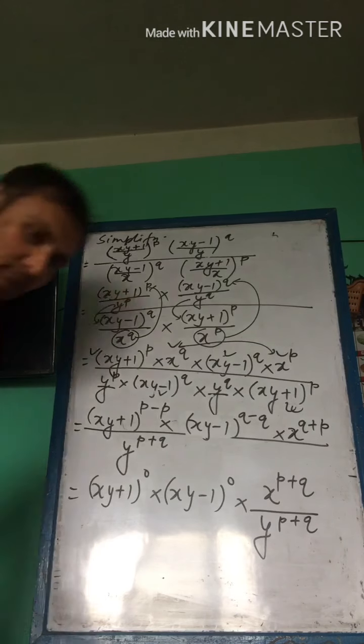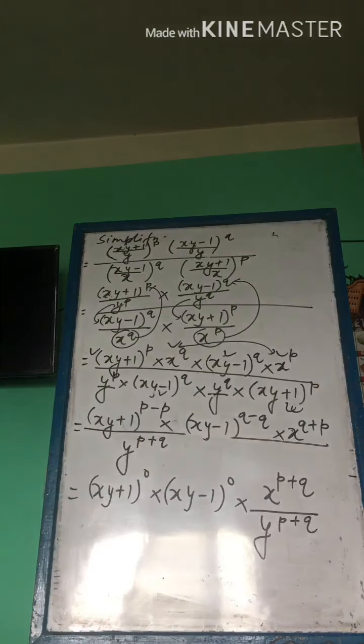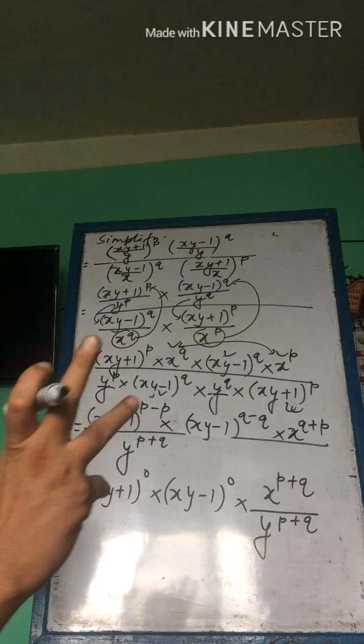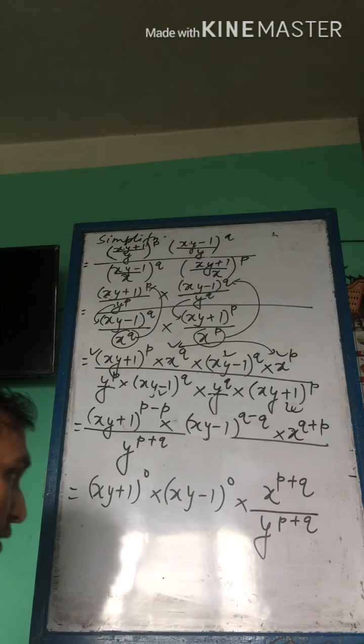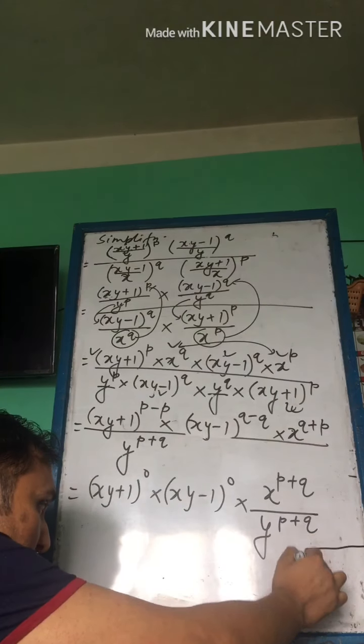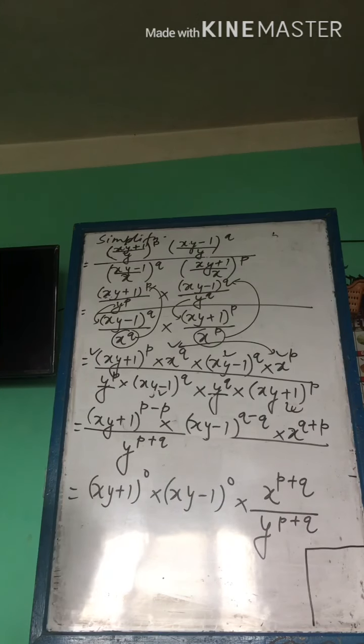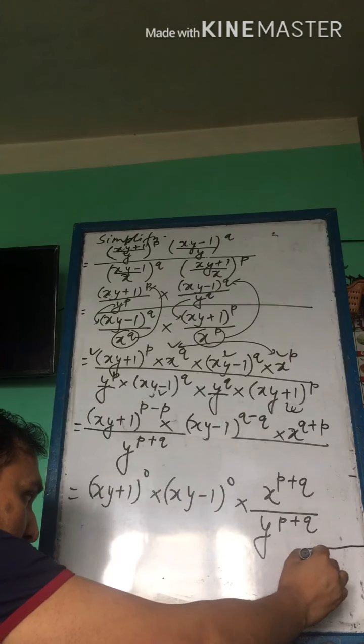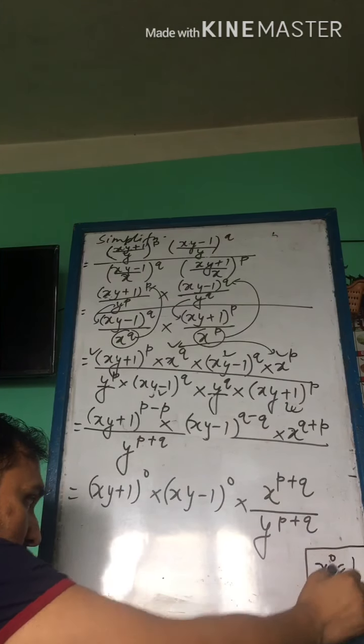Now let me tell you, if any quantity has a power 0, then its value will be equal to 1. We have learned that rule already in laws of indices. If x to the power 0 is there, that will be equal to 1. Don't get confused.